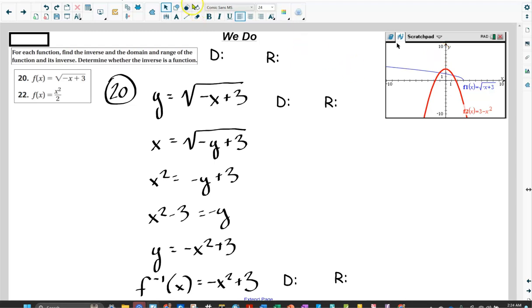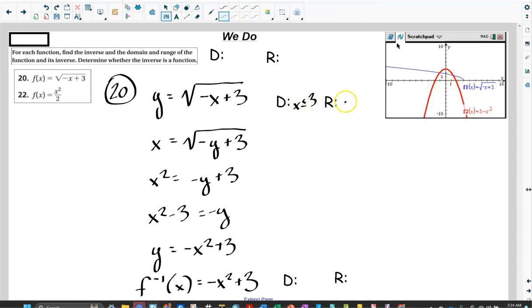For all of us, the best thing to do is graph these so we can see what we're doing. In terms of domain for this given function, which is going to be f1, we can see that the domain is x less than or equal to 3.